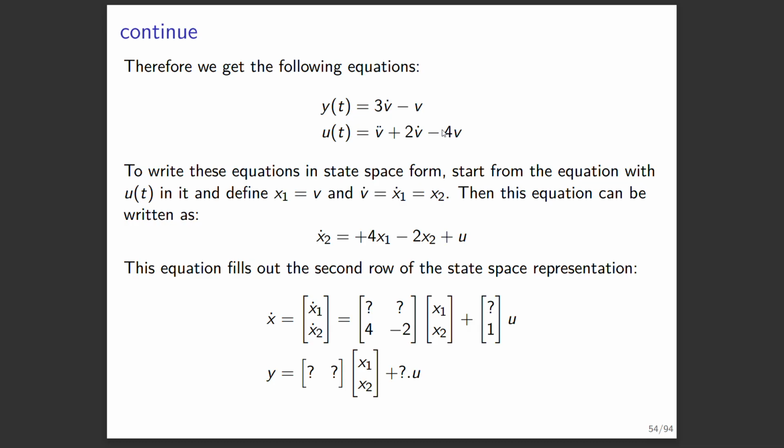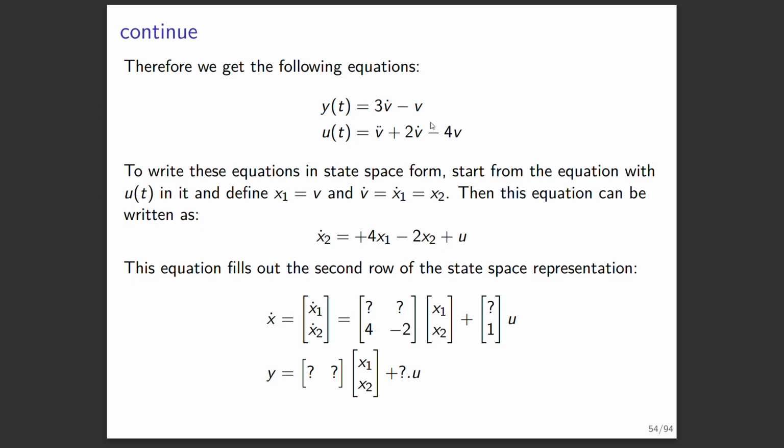I want to call v x1, and then v dot would be x2. Why am I only labeling v and v dot and not v double dot? Because v double dot is the variable with the highest order. I want to keep that to be able to keep it on the left hand side. So v would be x1, v dot would be x2, and v double dot would be x2 dot.